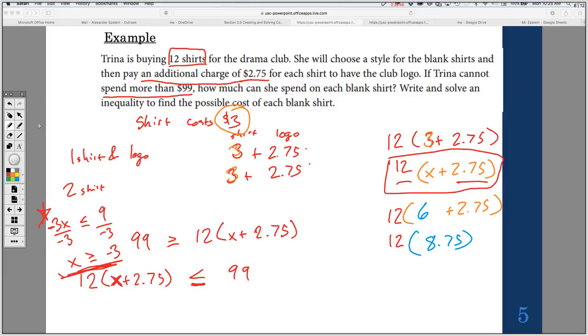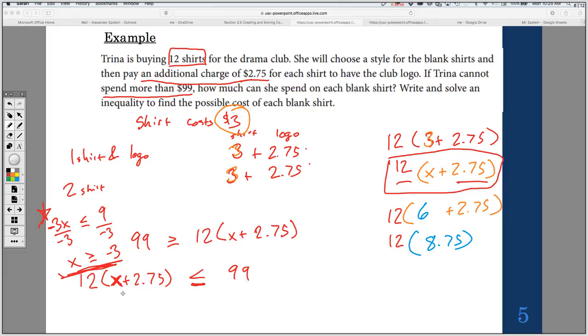All right, so looking at this, you could probably figure out there's two options to do first. I could subtract the 275, or I could divide by the 12. What did you guys do? Or I could even distribute 12 times x, and then 12 times 275.